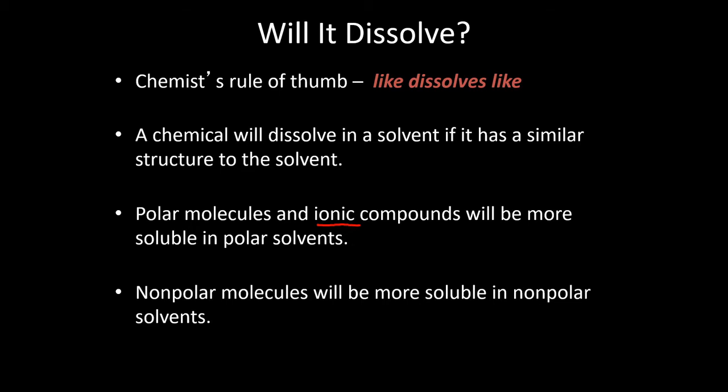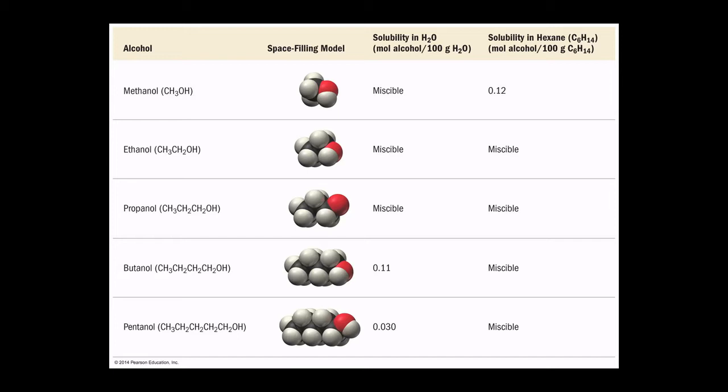All right, and so we can see that here in this table where we look at a series of alcohol molecules. So we have the OH group on each of these, which is going to give the molecules a certain amount of polar nature.